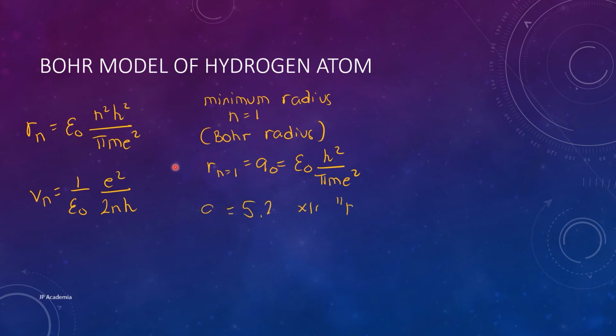This is called the Bohr radius, which has the variable a naught. We can substitute the known constants to get the numerical value. And a naught, the Bohr radius, is equal to 5.29 times 10 to the negative 11 meters. So we know these constants. We can also rewrite the orbit radius in terms of the Bohr radius. So we have this final form of our orbit radii.